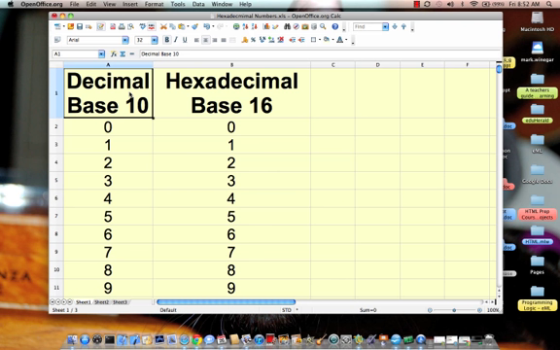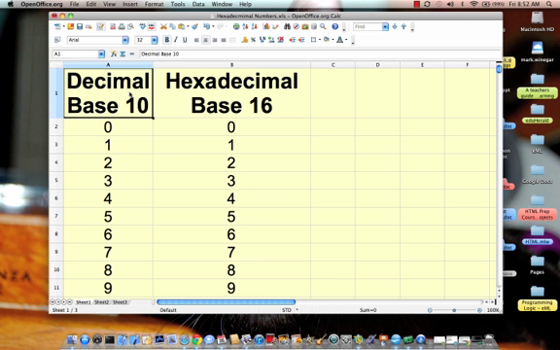Computers are not people. They don't have 10 digits. So they look at numbers differently. One of the ways that it looks at numbers is as hexadecimal numbers, or base 16. Imagine if you were born with 16 fingers and 16 toes.